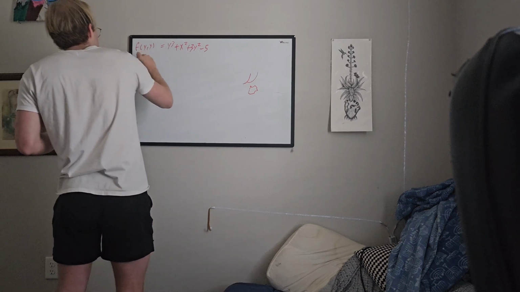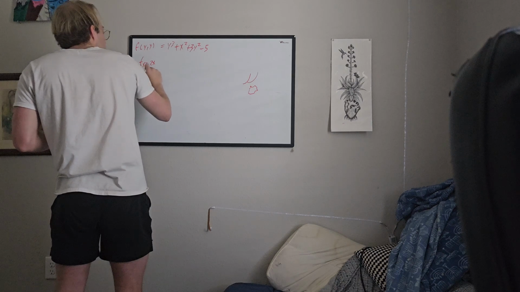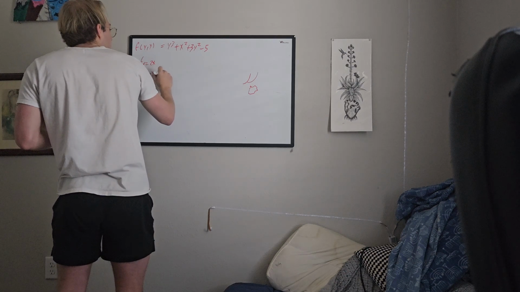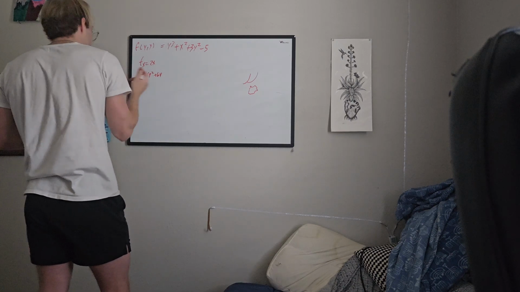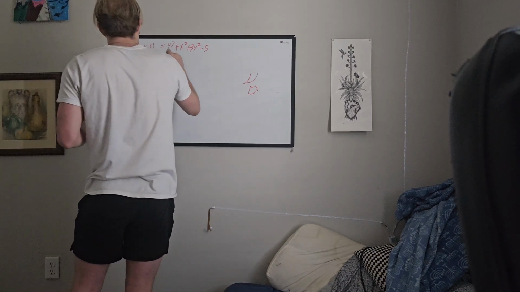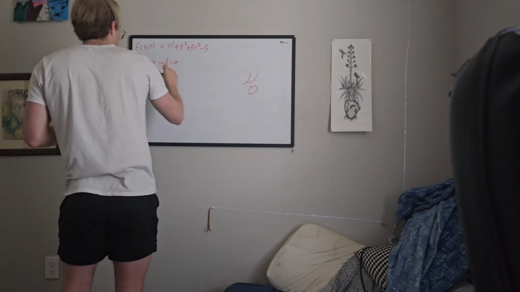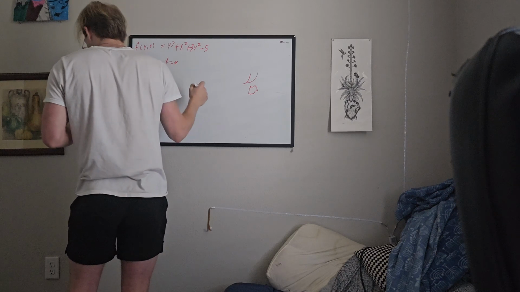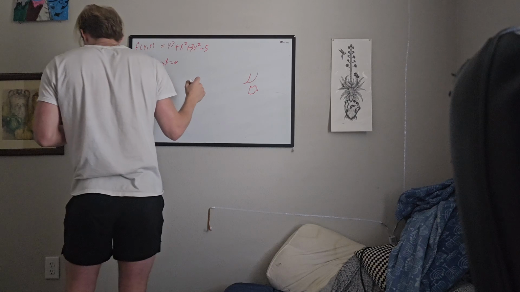So f of x is equal to 2x. f of y is equal to 3y squared plus 6y. Okay, yeah. And then when you do x is 0, it's 0. And then when you do y is 0, you get what?